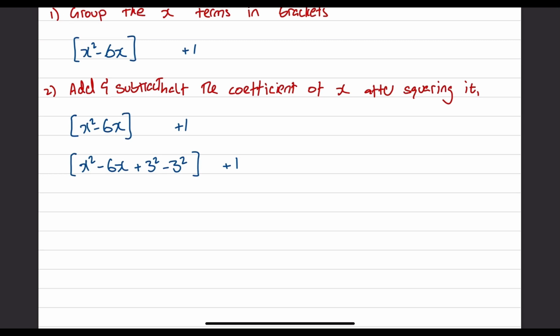So now what we have is this part of our expression, if you notice, is in the form of a squared minus 2ab plus b squared, where a is x and b is 3.